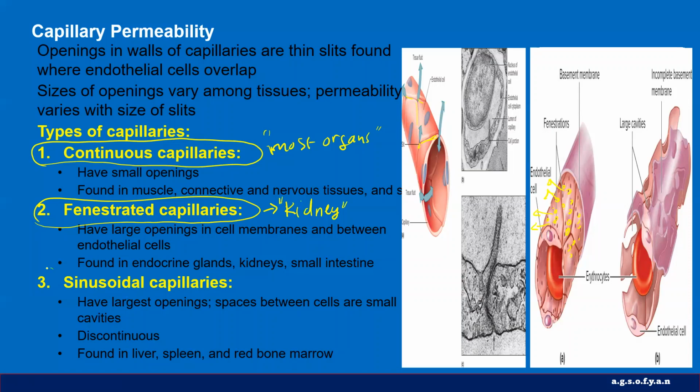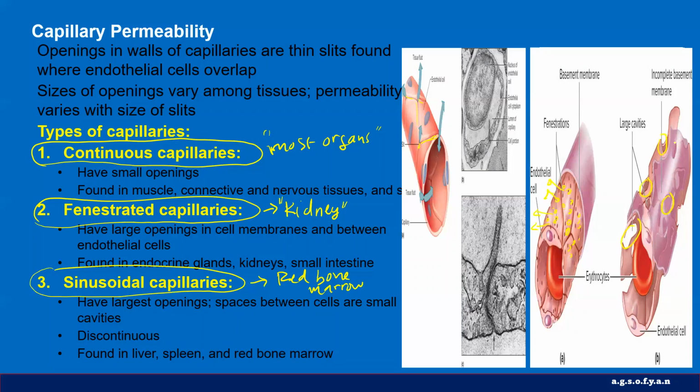Now, the last one is called the sinusoid capillary, and it is only located in the organ that creates blood, which is the red bone marrow. So red bone marrow has this type of capillary, the sinusoid capillary. You see this one, the hole is really, really big. Why?